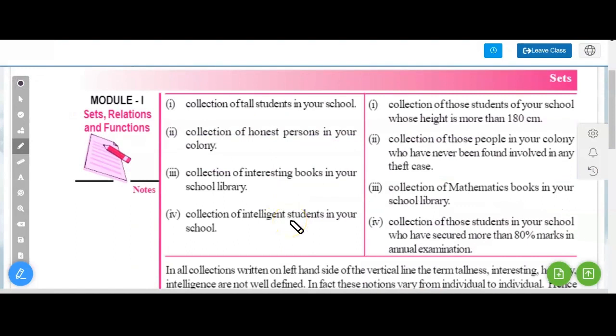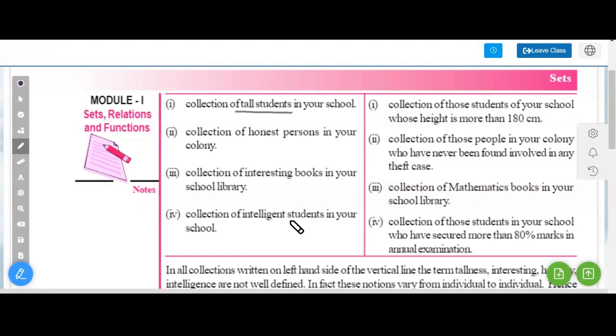Now let's see what is a set. Here we are given two tables, on the left side and on the right side. Let's see what is written here: the collection of tall students in your school. The word is given as tall students, so it is not defined what the height of that tallness is.